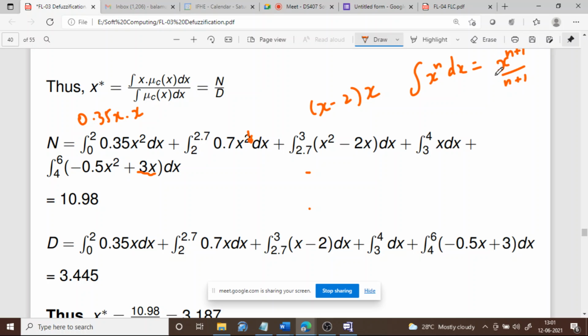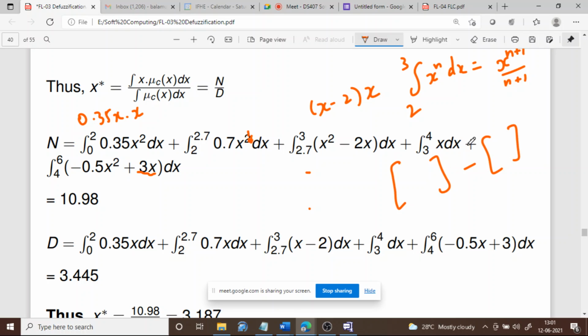For example, if it is going from 2 to 3, first you substitute 2 for x and find the value, then substitute 3 for x and find the value, and subtract the first from the second.